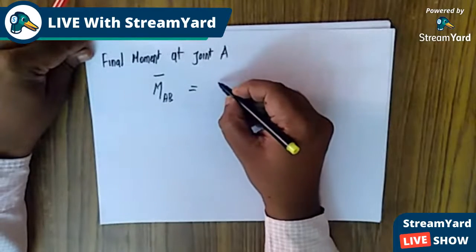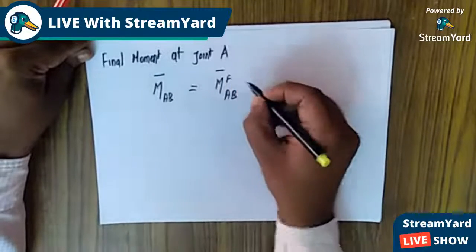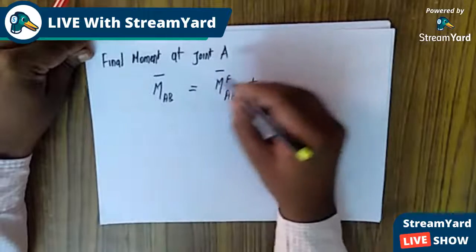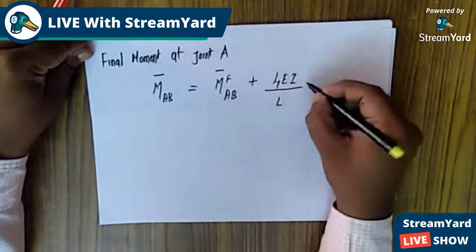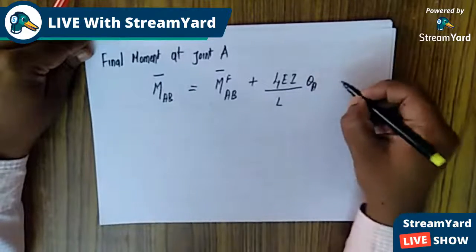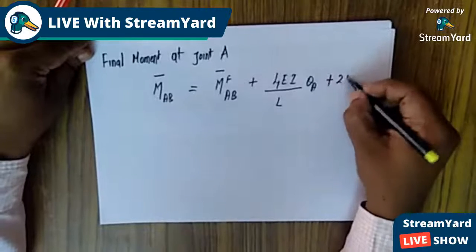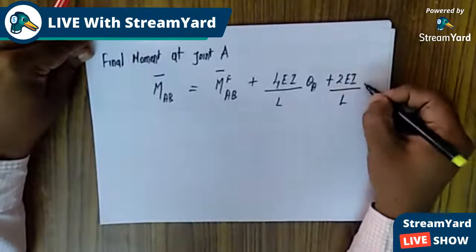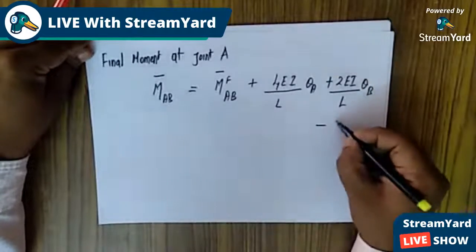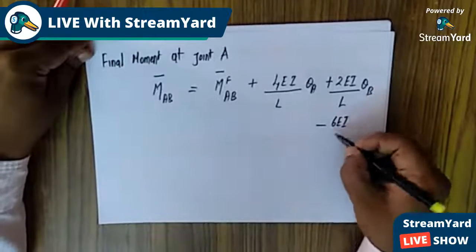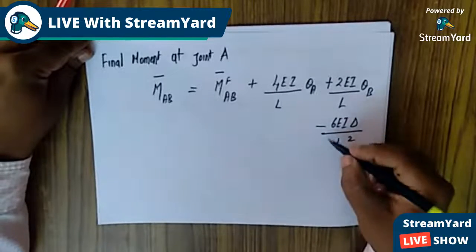So M bar F AB plus, this comes from step 1, 4EI/L theta A. This comes from step 2, plus 2EI/L theta B. This comes from step 3, minus 6EI delta/L square. This comes from step 4.